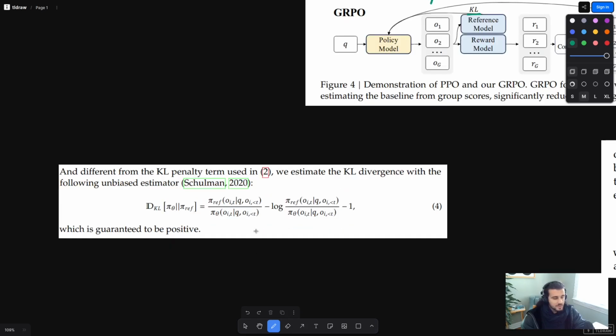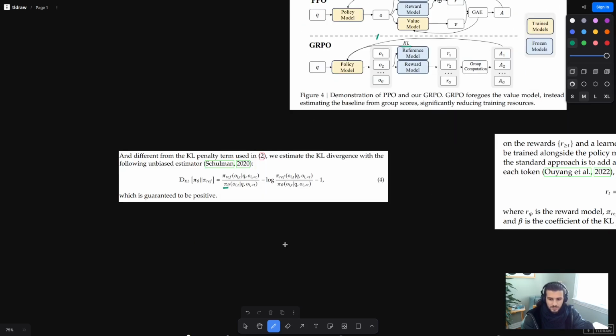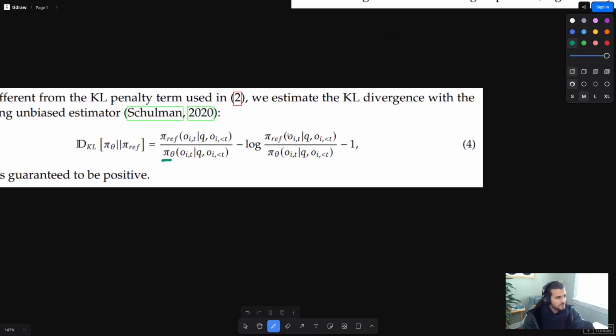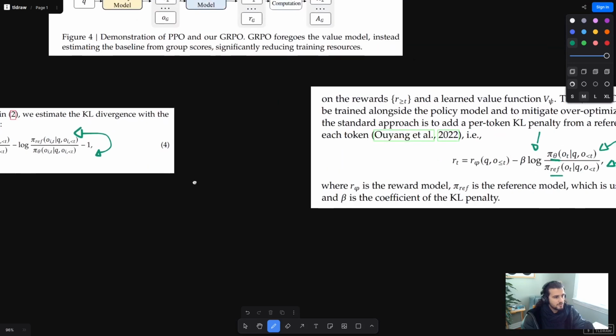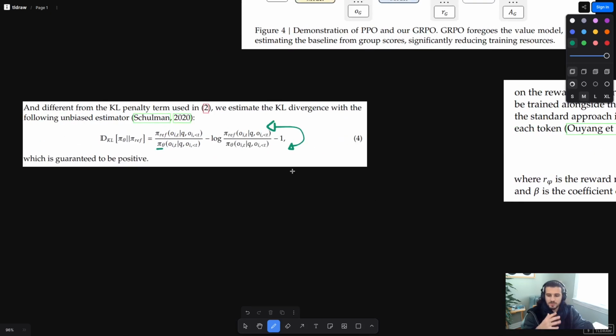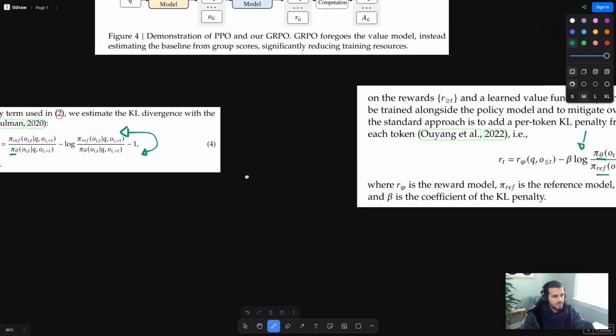On the GRPO side, what we have is the reference model probabilities divided by the current model, minus the log of the reference divided by the current model. So there are a few things that are different in this case. The reference and the current model are switched over here compared to that part, and the form doesn't really look like the form that we're accustomed to for KL divergence.